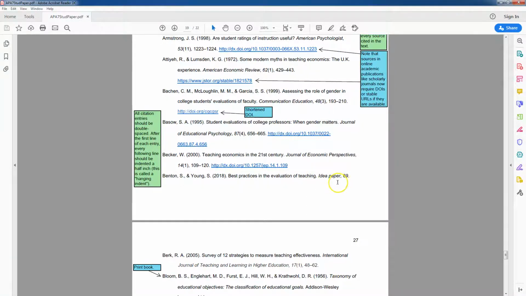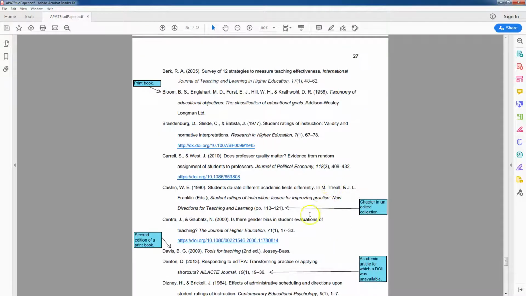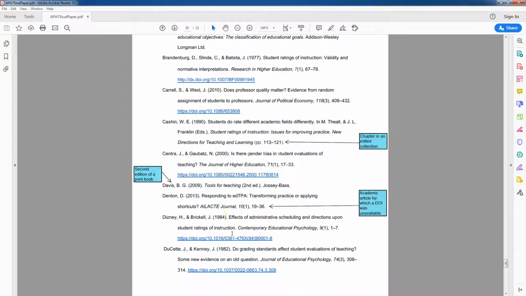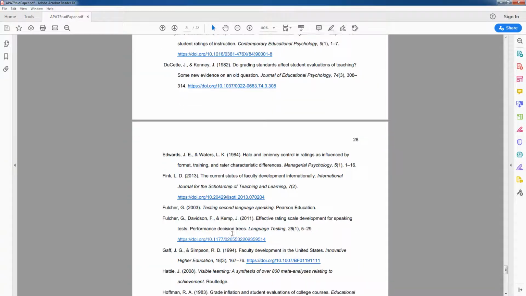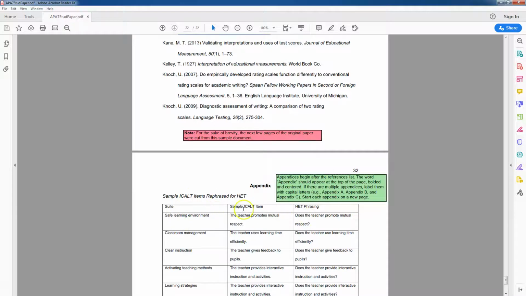So just some subtle things to say. The chapter in an edited collection has the page numbers listed this way. You notice it ends with a period. You notice in this one, the DOI was not available. Anyway, just some things to think about.